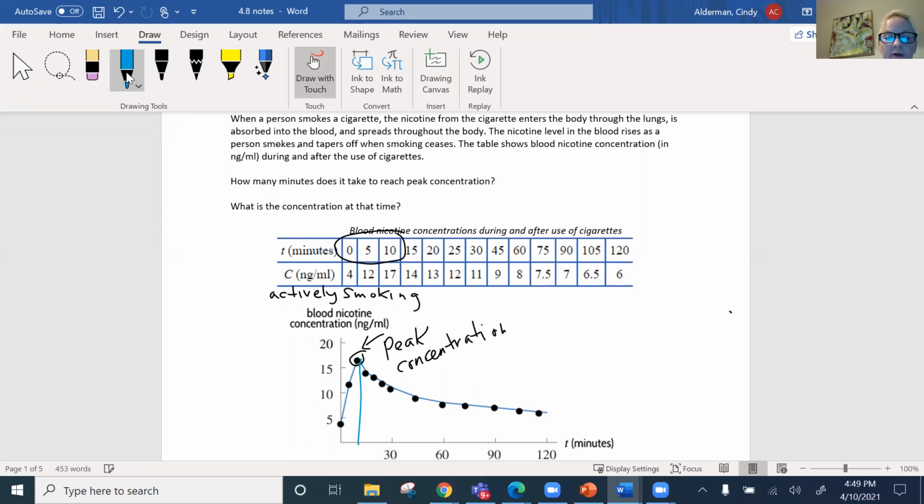The t value there is about 10 minutes. And the concentration at that level would be the y value here, and that's at about 17 in this unit of measure.